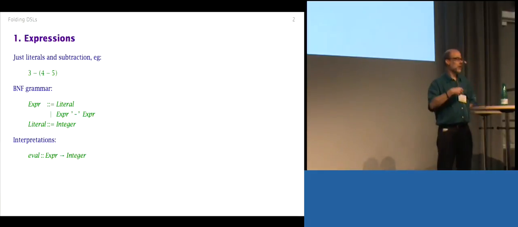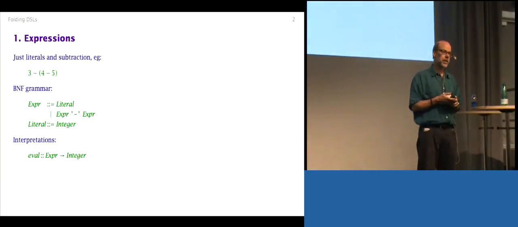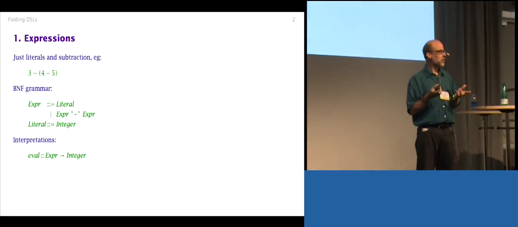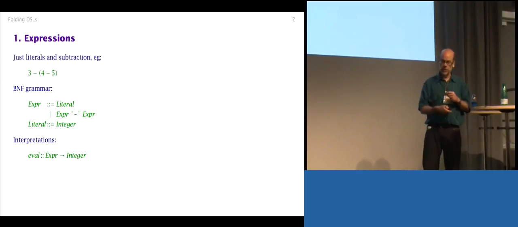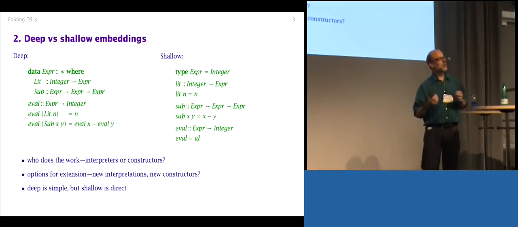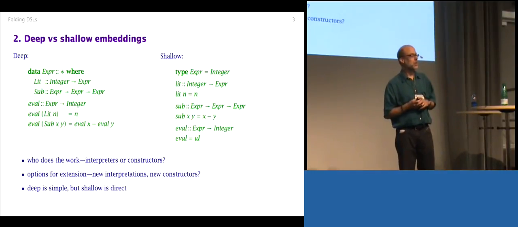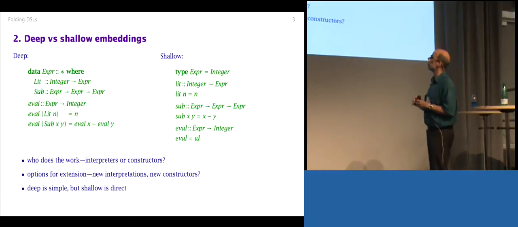So languages have a grammar, syntax, and some semantics. So the grammar here, I've just shown to you, and the semantics is very simple, a function that gives some meaning to those expressions. And we know there are two ways of doing this kind of thing as an embedded domain-specific language, I should say. So there's a deep embedding and a shallow embedding.